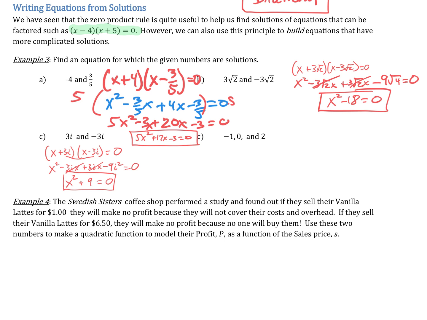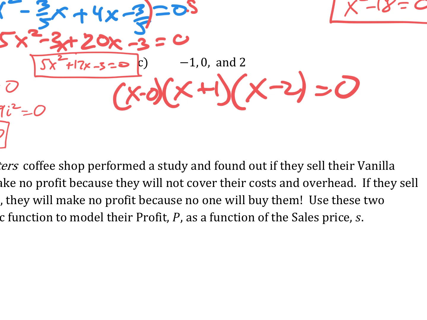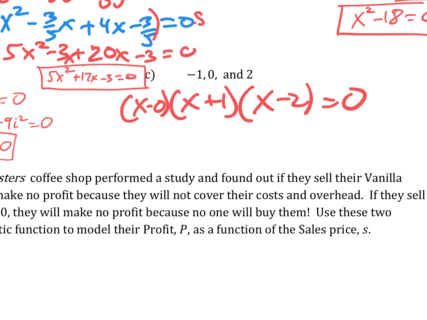Okay, so if we have negative 1 as a solution, then we have x plus 1. 0 is a solution, so we have x minus 0 and x minus 2. So we have 3 solutions now for this one, 3 x-intercepts. And so this is just x times x plus 1 times x minus 2.